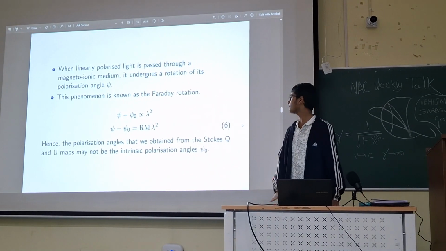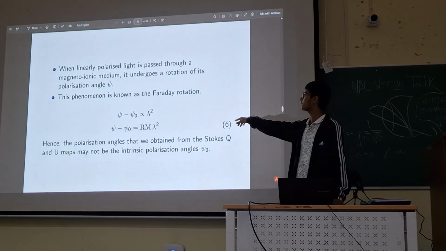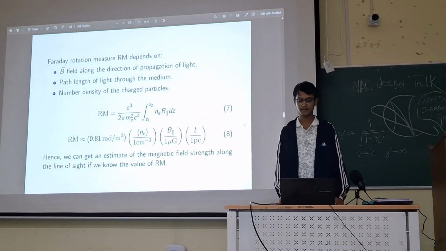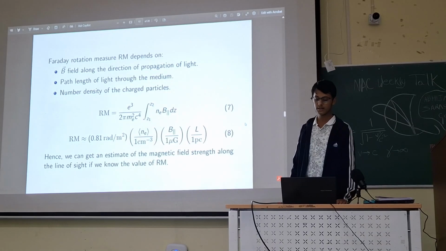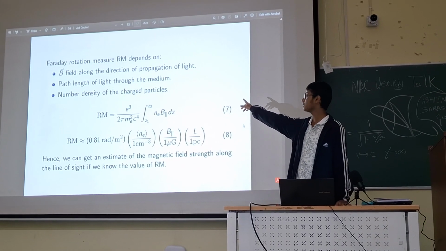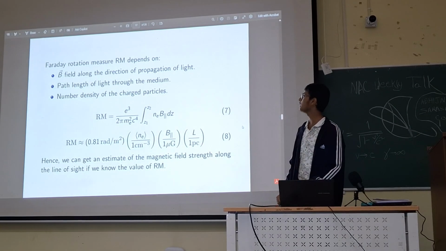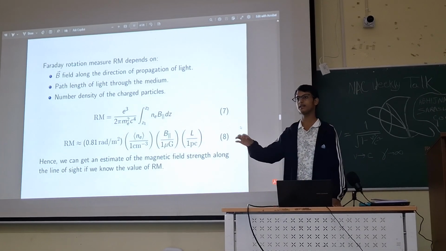So what really affects this rotation measure Rm? The Faraday rotation measure Rm depends on the magnetic field along the direction of propagation of light. It also depends on the path length that light travels through the medium and the number density of the charged particles in that medium.